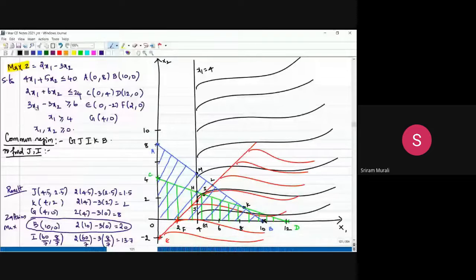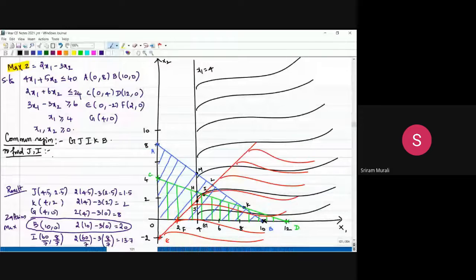To find J, what I want to do, this line, red color, E and red F, and black. Red and black. Okay.